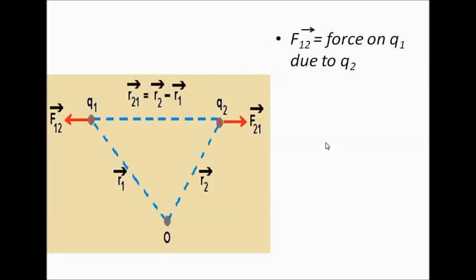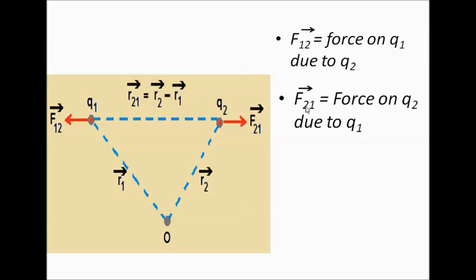So here this vector F12 represents the force on Q1 due to Q2. Similarly, F21 is the force on Q2 due to Q1. Clear? F12 is the force on Q1 due to Q2.